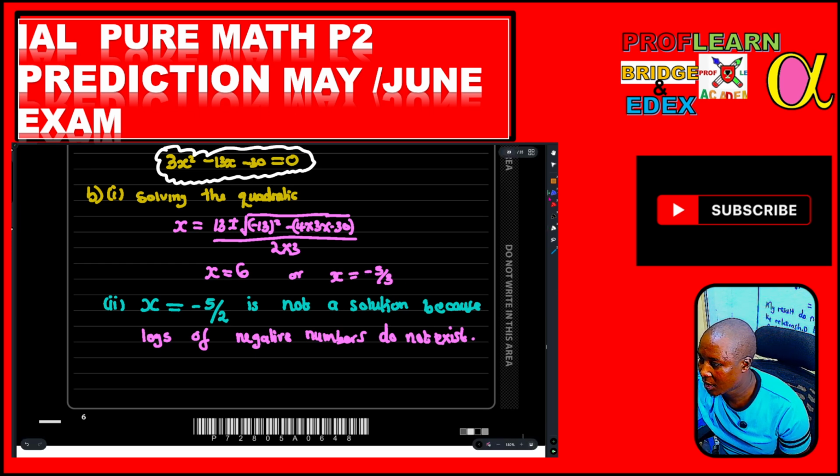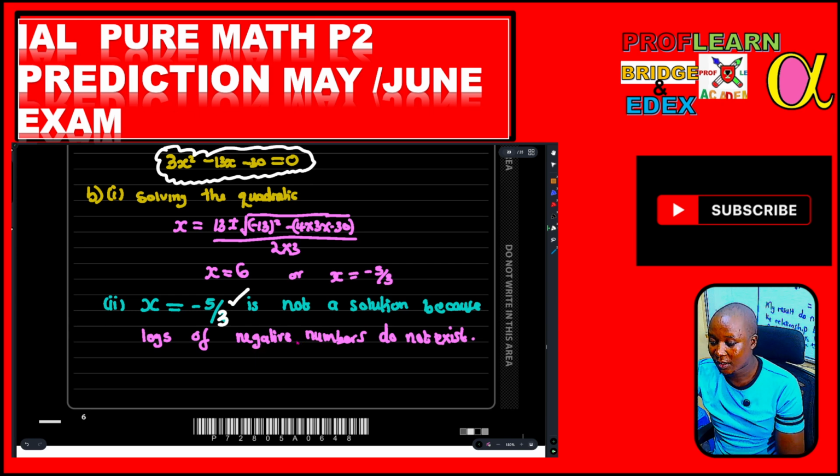So these are the two answers we were supposed to get, and in that case we can say which root is not a solution of the equation that we were given. The root that is not is -5/3, because logs of negative numbers do not exist.